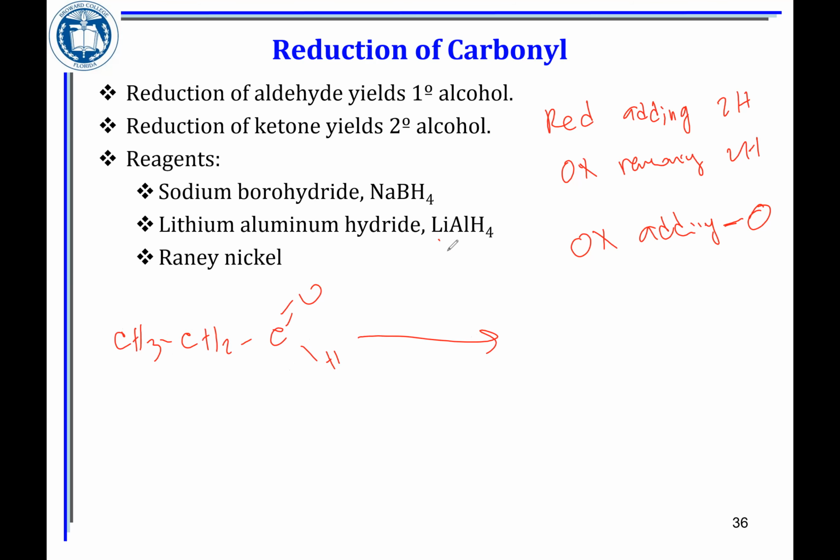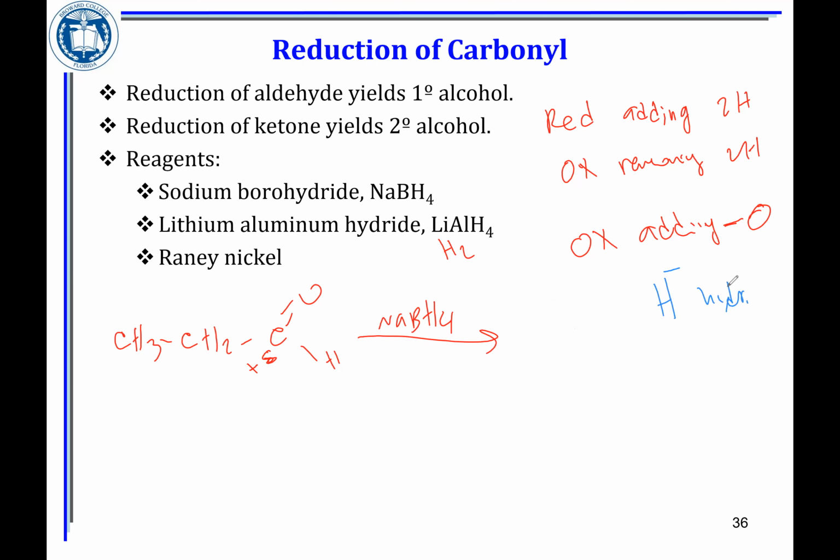So we cannot just use H2, it is not going to work because this is a carbon with a positive center. We learned that if you bring a nucleophile, it can react. So the reagent that is used here is actually sodium borohydride. Sodium borohydride, if you look at the name, it gives you hydride. And what is hydride? Hydride is H minus.